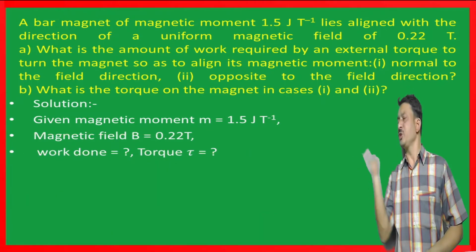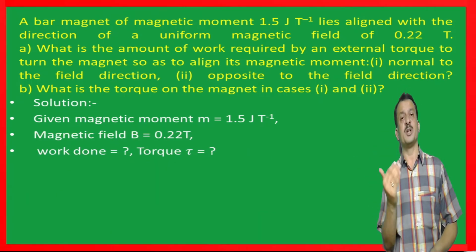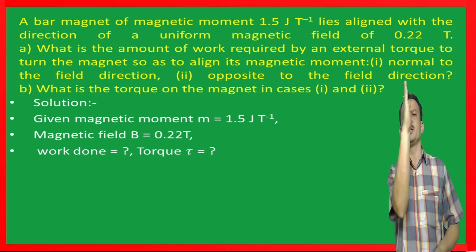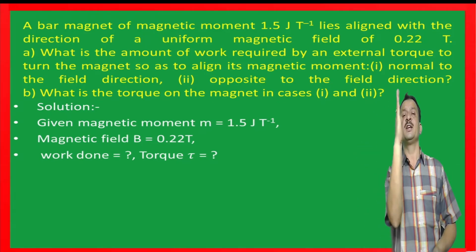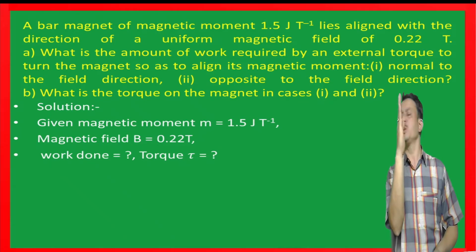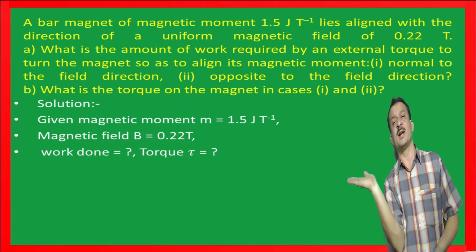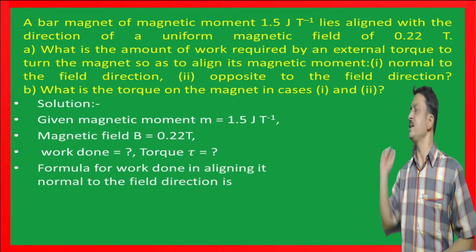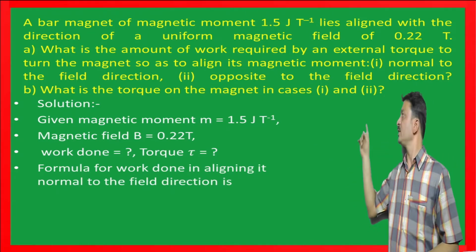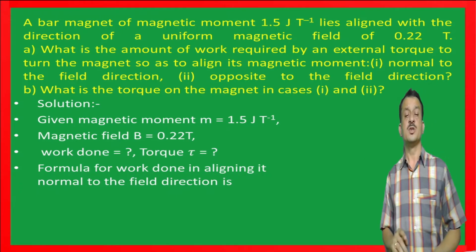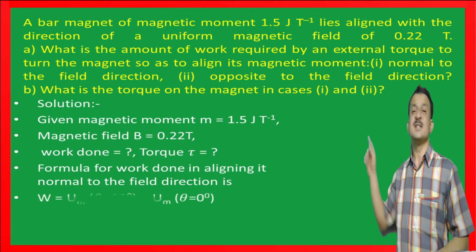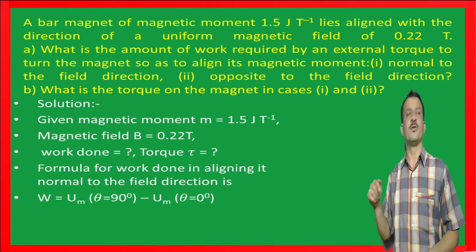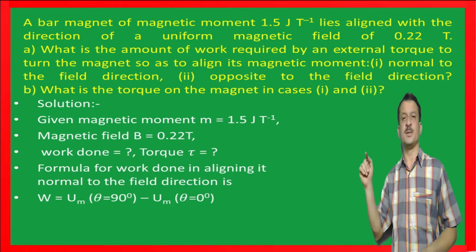So then what is the potential energy change? It is the final potential energy minus the initial potential energy. The final potential energy means when the needle is perpendicular, initial potential energy means when the bar magnet is parallel to the field direction. That is, potential energy when theta is 90 degree minus potential energy when theta is 0 degree. When theta is 90 degree, cos 90 is 0, so the first term of potential energy becomes 0.